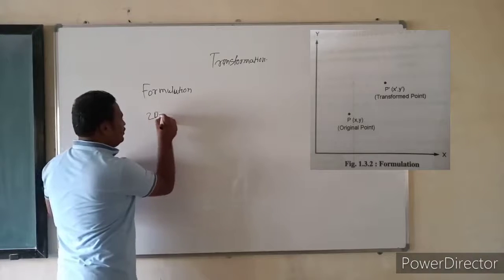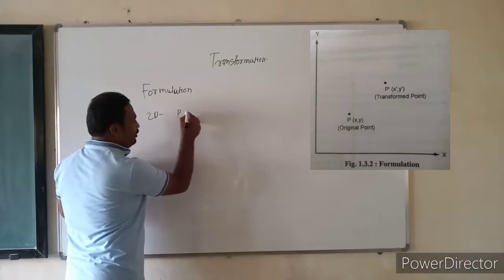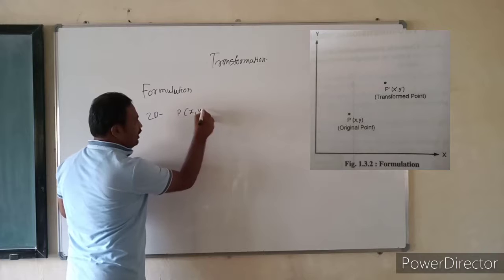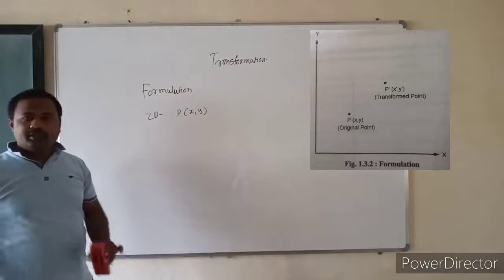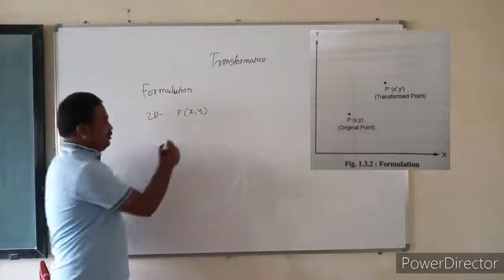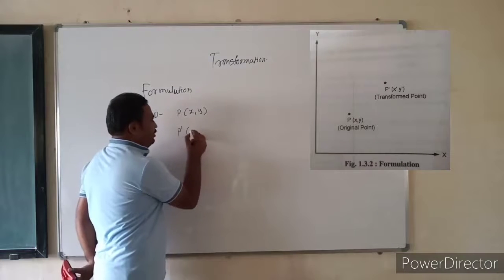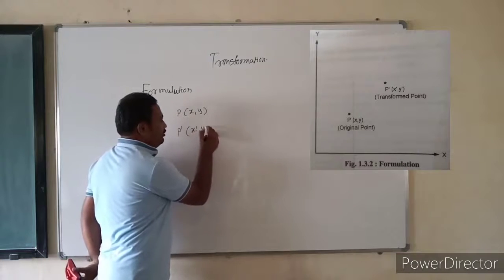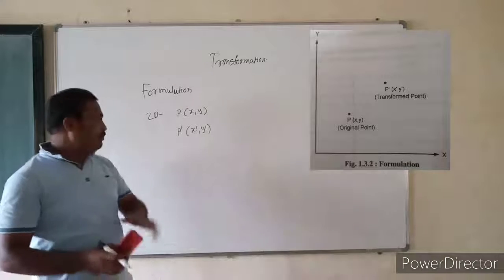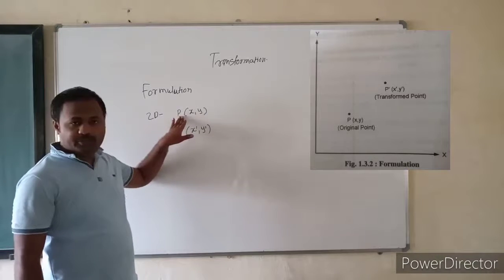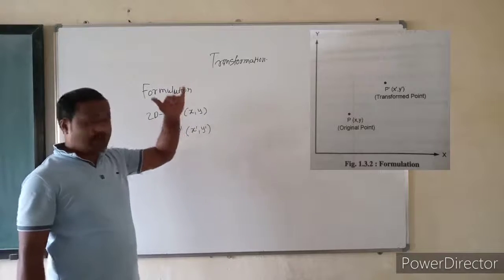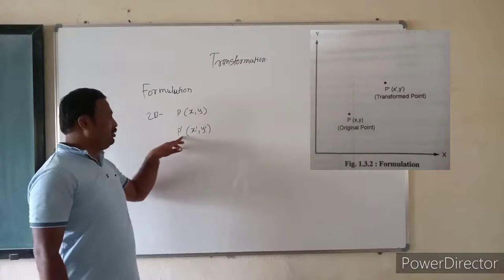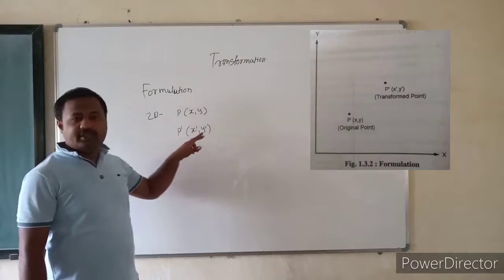P is the original point. It is shifted or transformed to a new location. P dash is x dash, y dash.